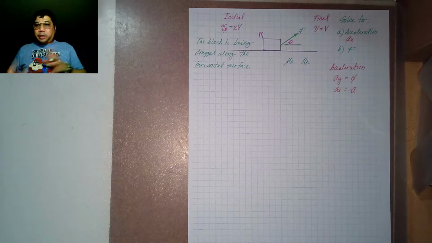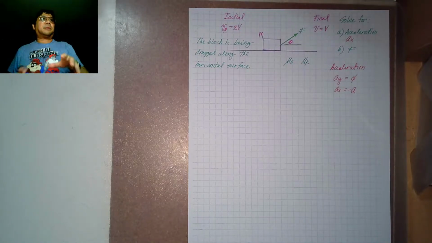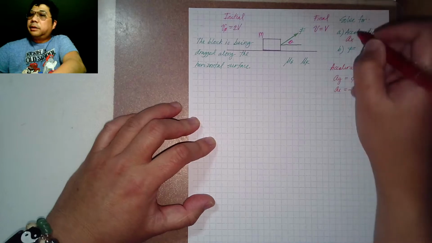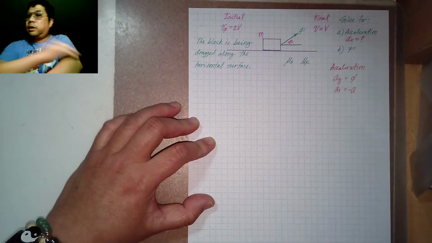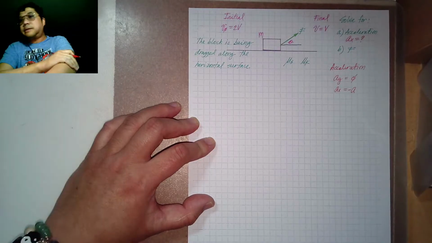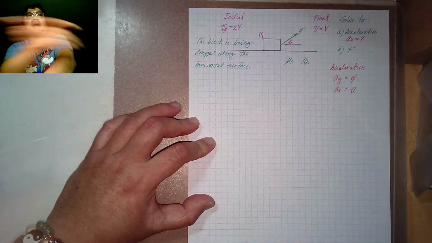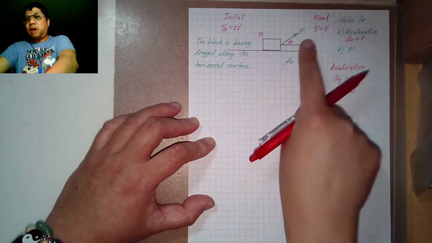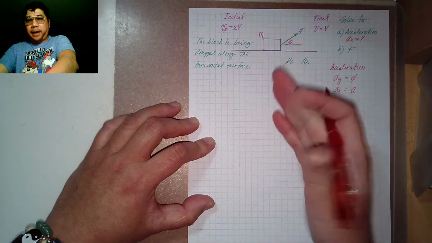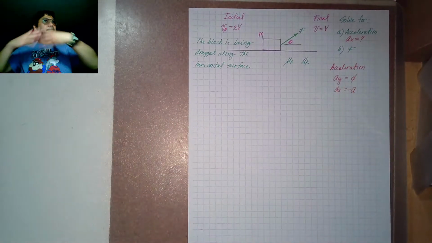The approach is trying to help you come up with the answer in a much simpler way. So let's solve for the acceleration along the horizontal axis, and then solve for the force. How much force is applied in order to come up with that answer?